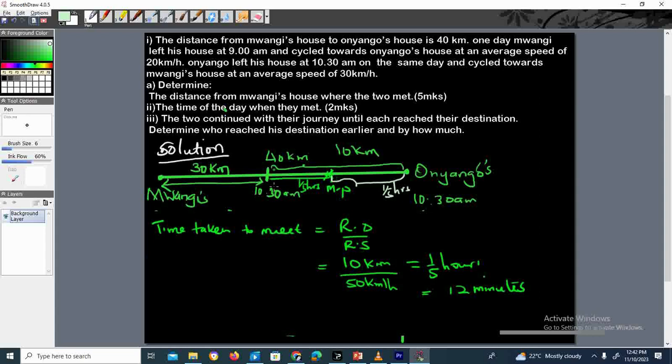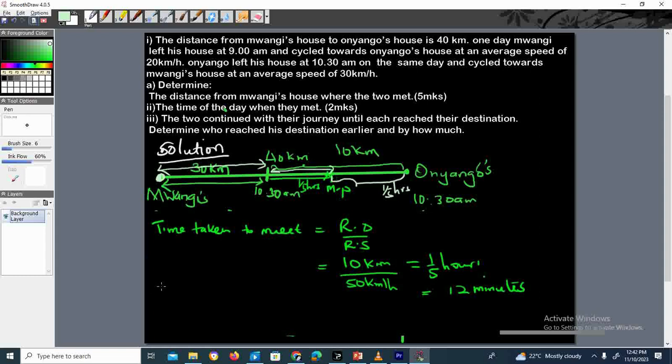So if we calculate this distance, and then we add it to this distance, then we get the distance of the meeting point from Mwangi's house, because this is Mwangi's house.